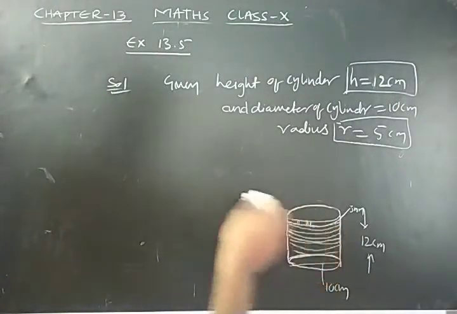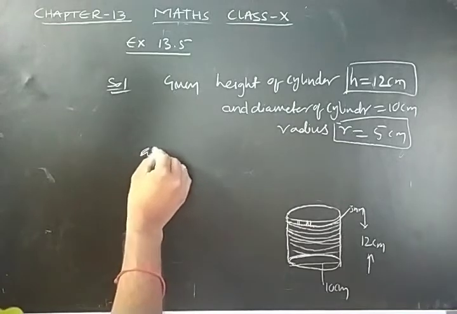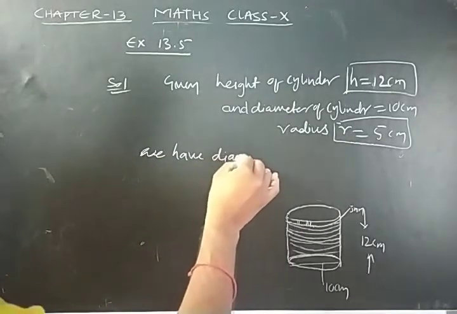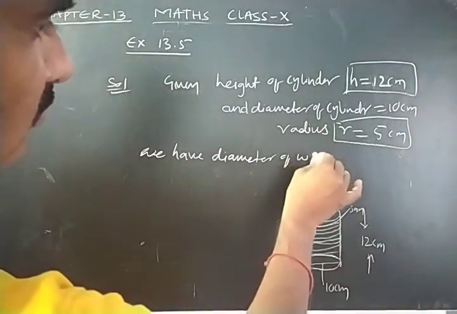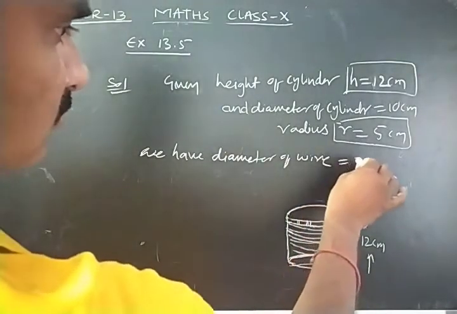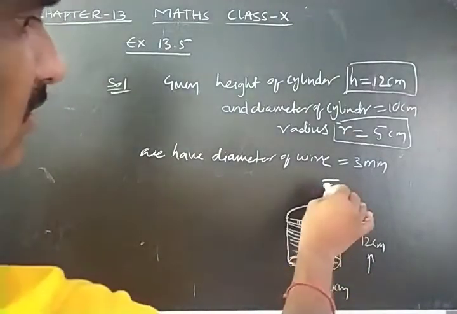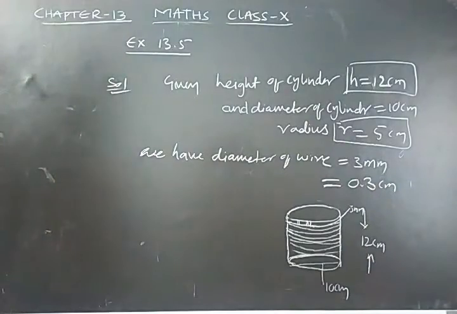Now we have the diameter of the wire. Diameter of wire is 3 millimeters. Convert into centimeters, 0.3 centimeters: 3 by 10, 0.3 centimeters.